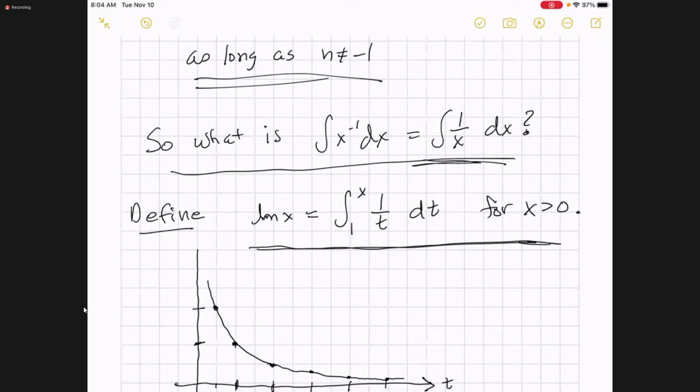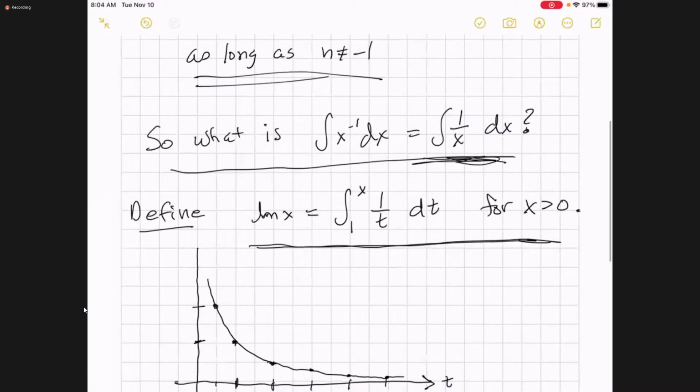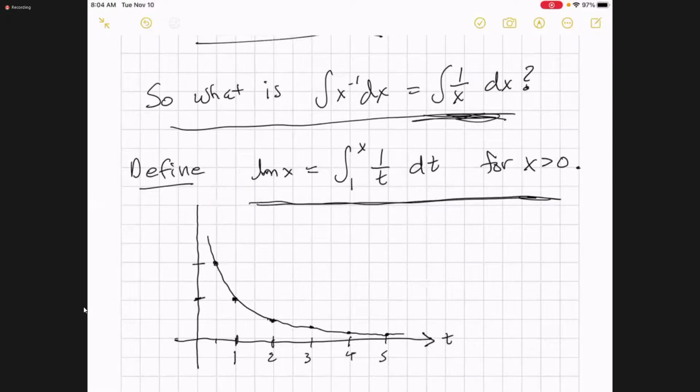This is how we are defining this function. In other words, we're giving the antiderivative of this thing a name. It's ln of x, and that stands for natural logarithm. And we'll be talking about what that means in the next couple of days.